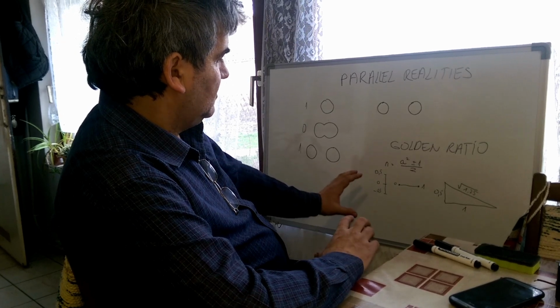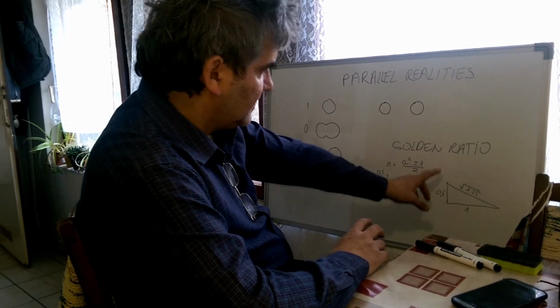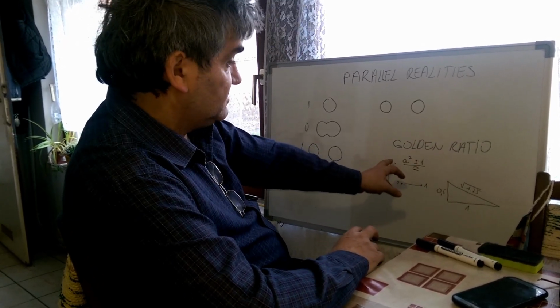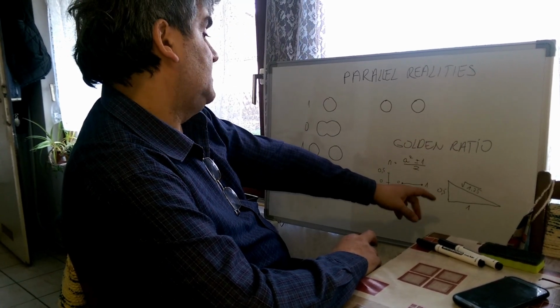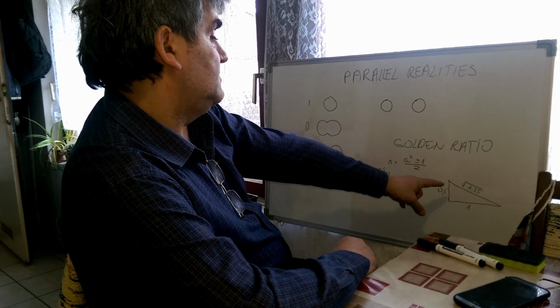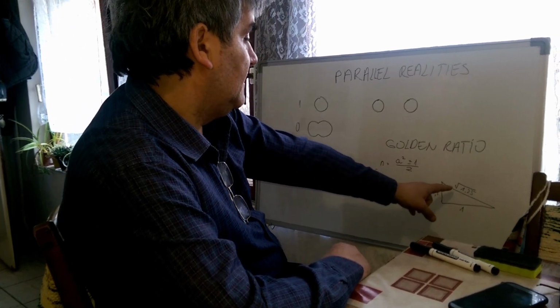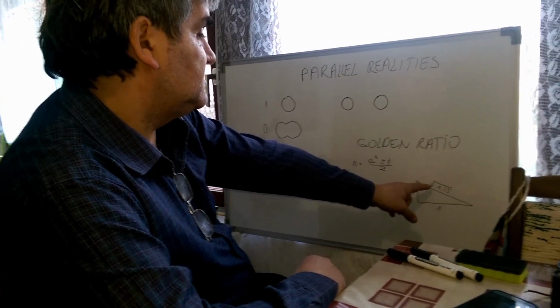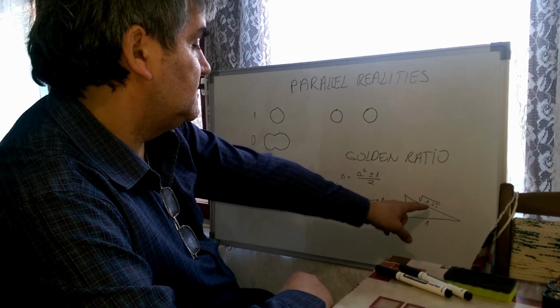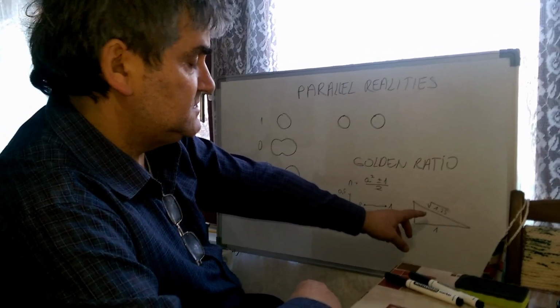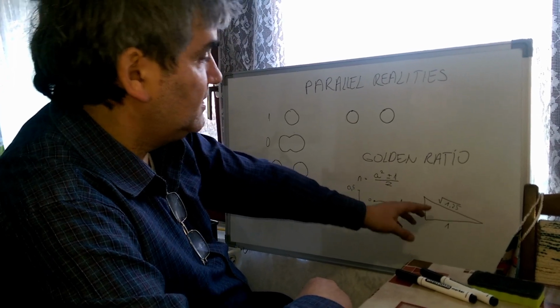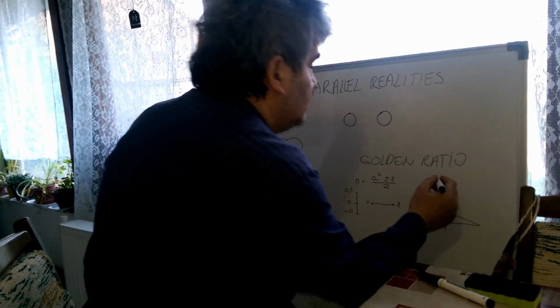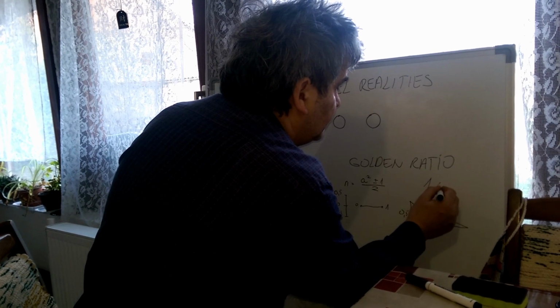So 0 and 1 cannot create a triangle like the golden section. The golden ratio is when you sum up the square root of 1.25, plus 0.5, divided by 1, and you get the golden section, the golden ratio number.